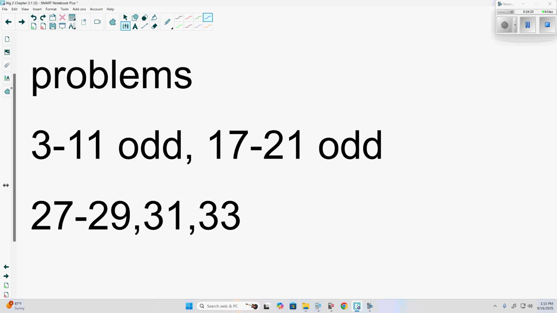And then 31 and 33, apply the transformation and identify the vertex. So you don't have to graph on any of these here.